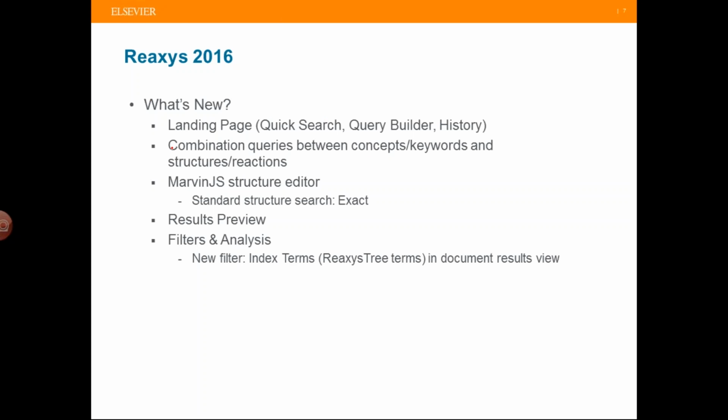Supporting two systems is very ineffective from a support standpoint, development standpoint. So really the landing page, this new paradigm, really being able to create these combination queries, this literature searching. Marvin, Java structure editor. We've chosen one drawing tool. If you're familiar with the old Reaxys, there were quite a number of drawing tools that you can choose.